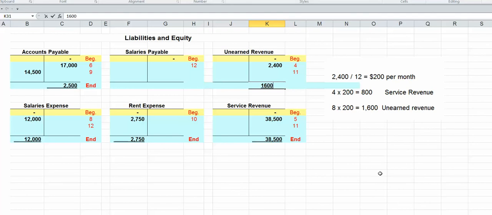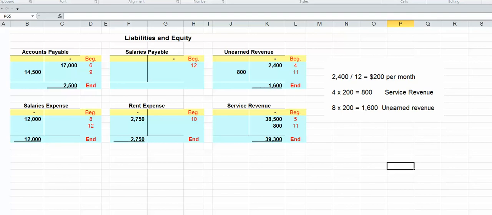So if our balance is $1,600, we know that we need an adjusting entry in the amount of an $800 decrease or debit to unearned revenue, which of course would be accompanied by an $800 credit to service revenue, which is how much additional revenue we saw we should book for the months of September, October, November, and December.